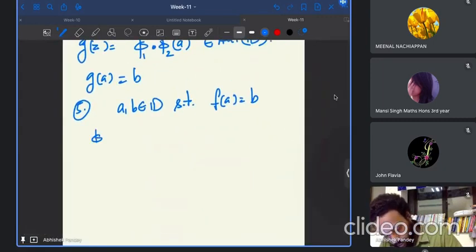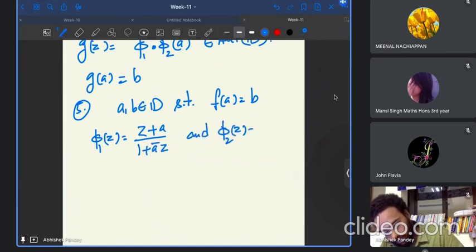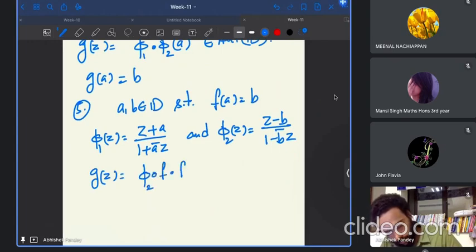Let us again consider phi 1 of z as (z plus a) upon (1 plus a bar z), and phi 2 of z is basically (z minus b) upon (1 minus b bar z). Now g of z is phi 2 composition f composition phi 1 of z.